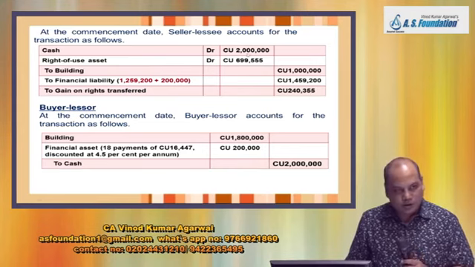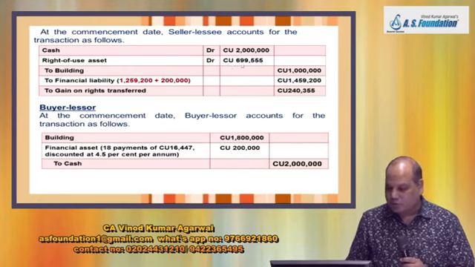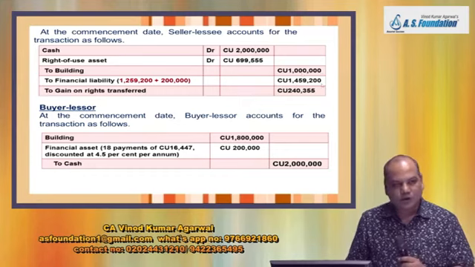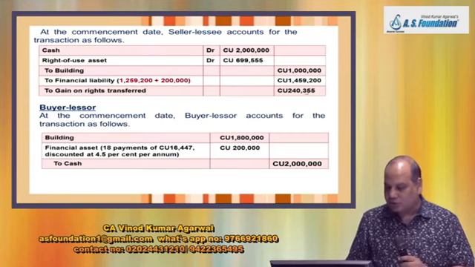Cash received 20 lakh, no problem. Right of use asset, a proportion of the carrying amount in this type of problem. To building, derecognize. To financial liability, which is actually two liabilities, and to gain.